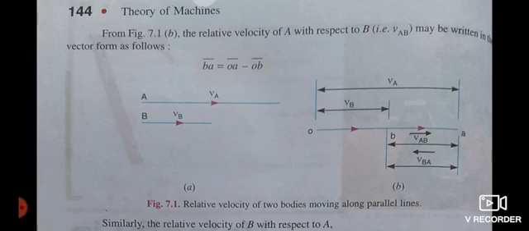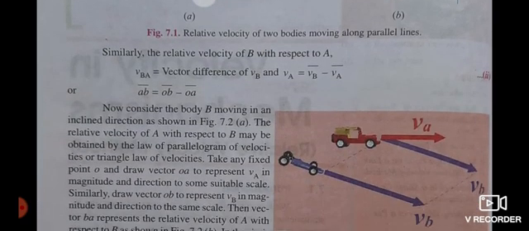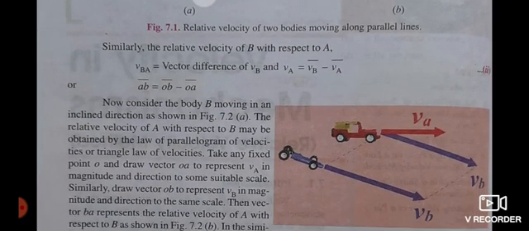In the opposite direction, in the direction of O, that is called VBA. Similarly, the relative velocity of B with respect to A, that is VBA, equals the vector difference of VB and VA.